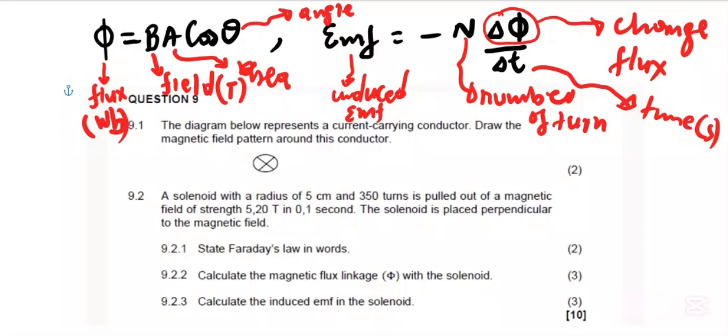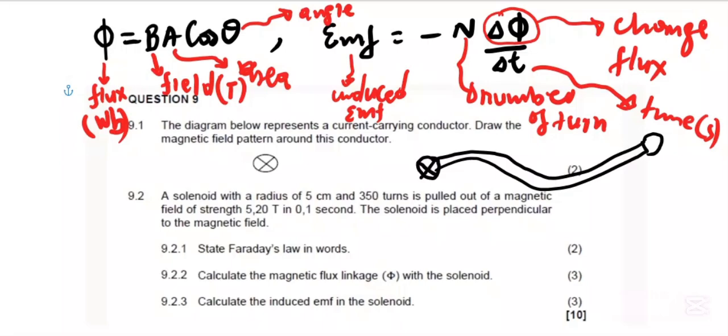The question says, the diagram below represents a current carrying conductor, which means the diagram is clearly a conductor, that is a wire. If I can draw a wire here, this side is the wire. The wire has a side with an x and a side with a dot.